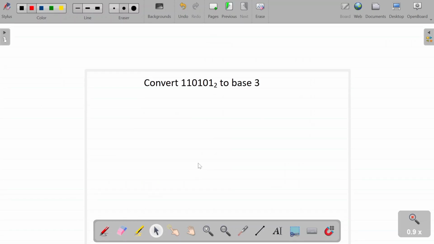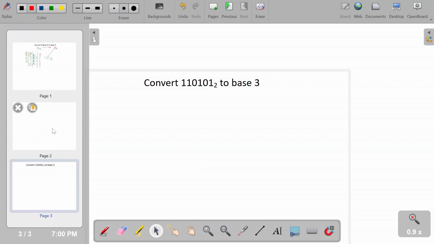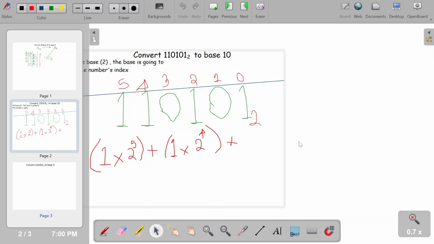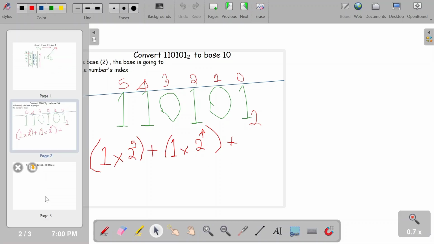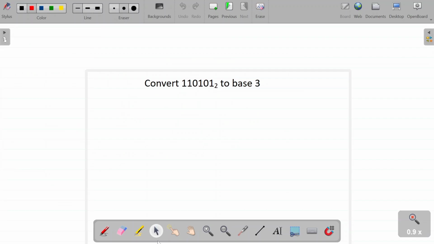All right, so here's our question. Convert 110101 base 2 to base 3. In case you've already forgotten, the step 1 and step 2 are basically like this.